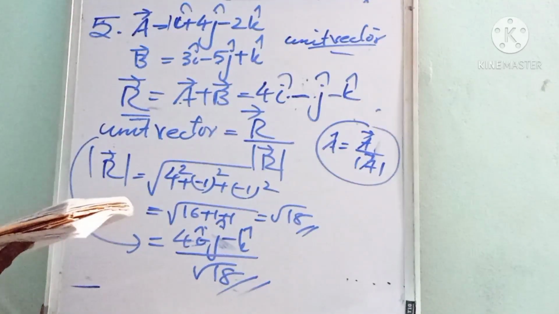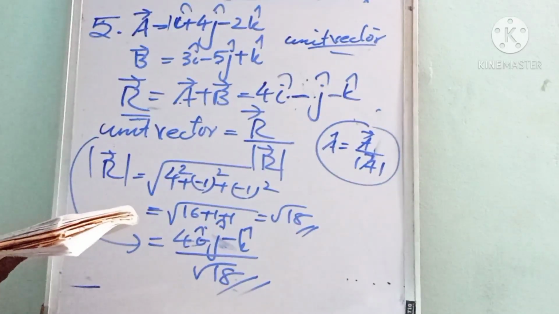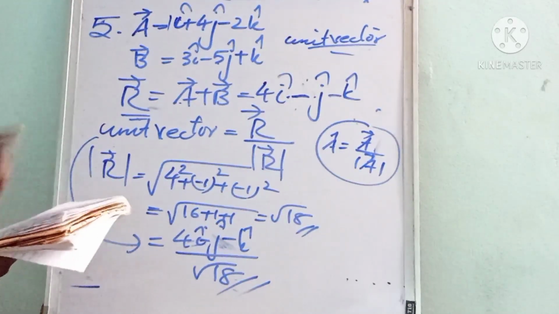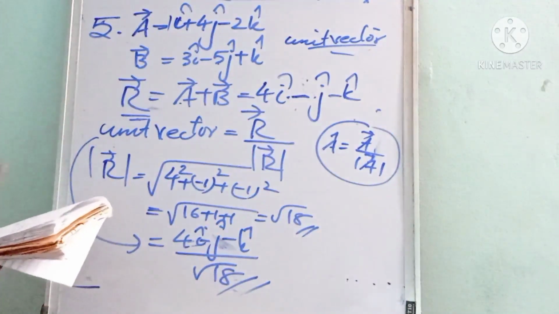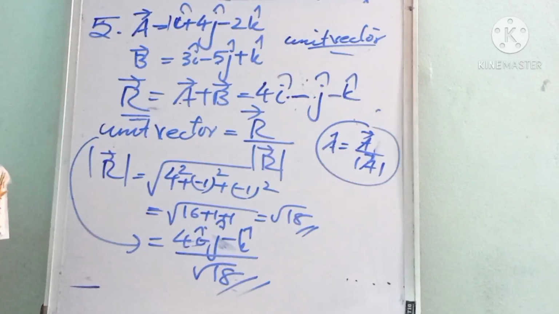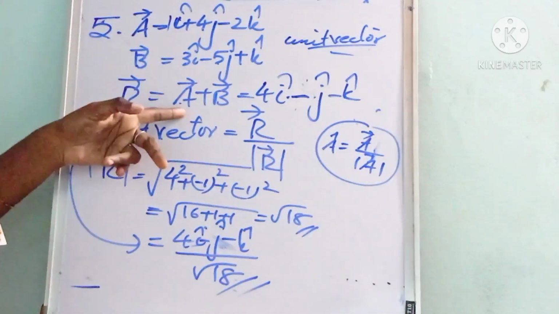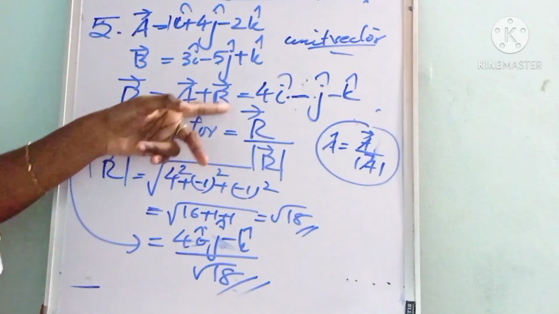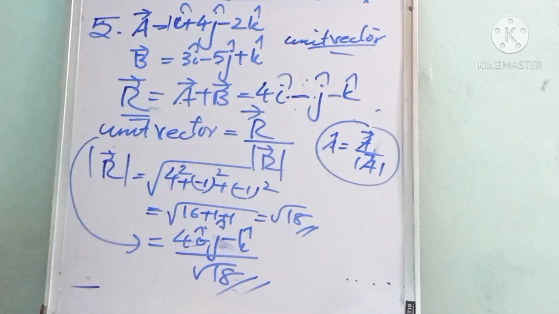Listen to it. Here we have to find the unit vector parallel to the resultant of the vectors. Vector A is i plus 4j minus 2k and vector B is 3i minus 5j plus k. First we have to find the resultant of these two vectors, that is vector A plus vector B, which is 4i minus j minus k.